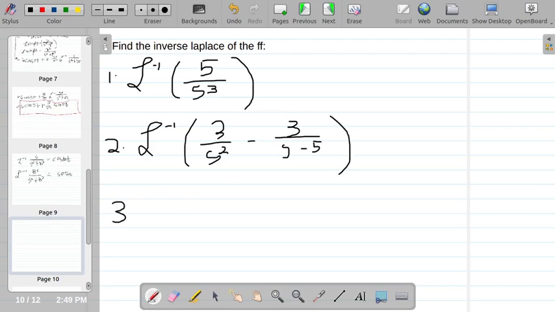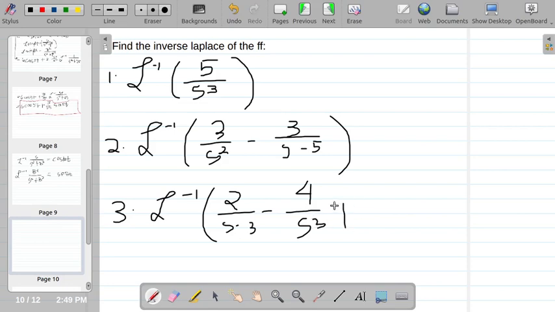Then number 3 is find the inverse Laplace of 2 over s minus 3 minus 4 over s cubed plus 4 over s minus 6.